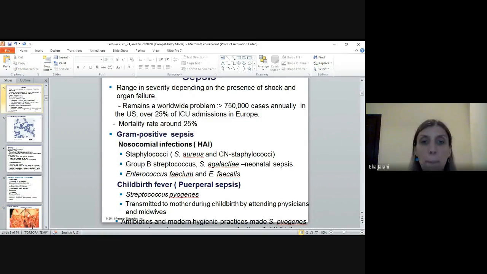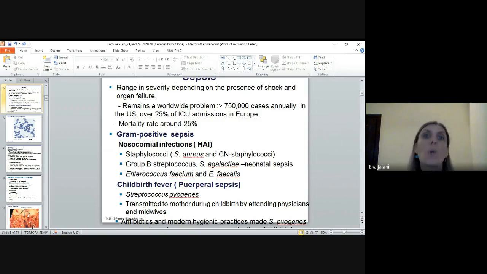This is the sepsis in birth-giving mothers. The lady had labor, but then the physician or midwives didn't wash their hands well, and they had streptococcus contamination and could infect this mother, leading to severe sepsis. In the past, it was very common and led to mortality in birth-giving mothers of up to 25% in some cases.